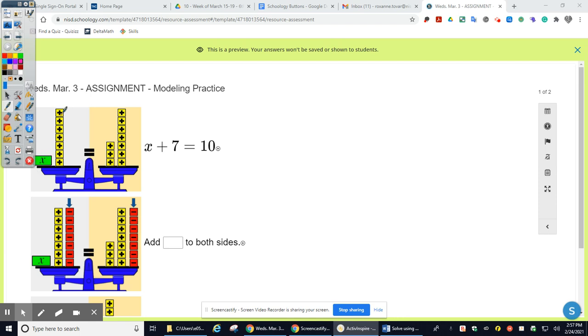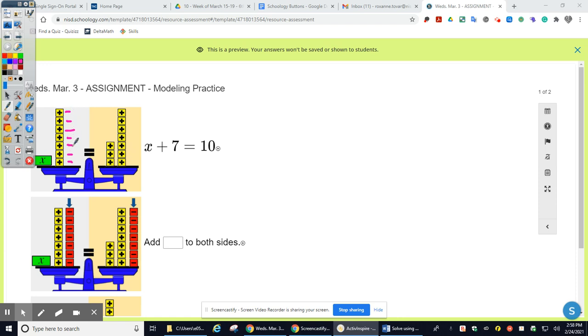So the only way we're going to get rid of 7 positives is by adding 7 negatives. So I'm going to go 1, 2, 3, 4, 5, 6, 7, right? So if we add 7 negatives to this side, remember what we do to one side of the equation, we have to do the exact same thing to the other side of the equation.